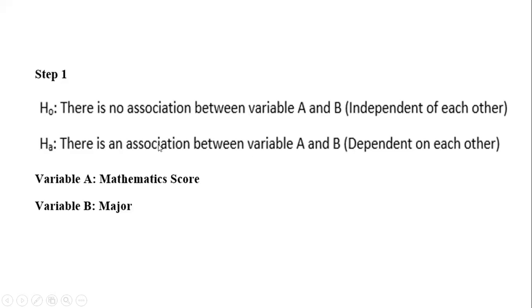That's what the H0 will be saying, that major and mathematics performance or mathematics score are independent from each other. While the HA, the alternative, will be saying that there's a dependency. So the test has to be performed so that the research question can be properly answered: which hypothesis, or which answer, is the correct one according to the data that was shown.